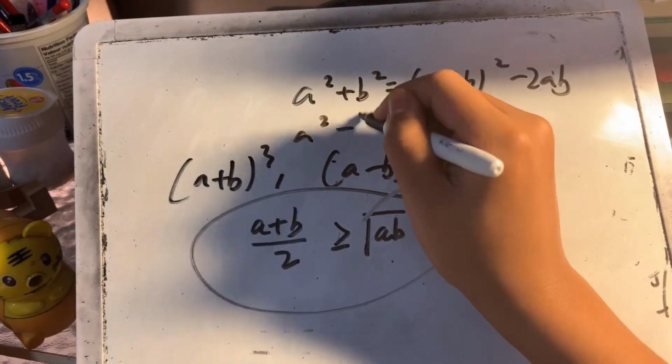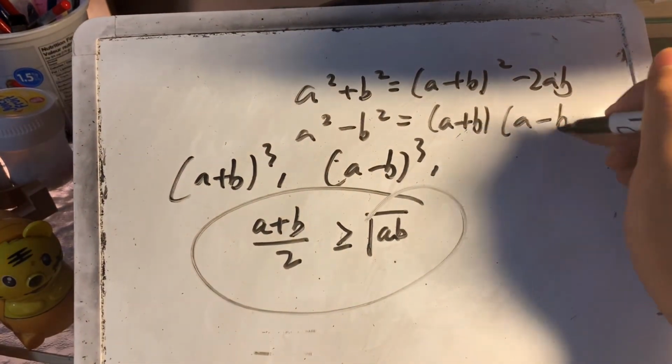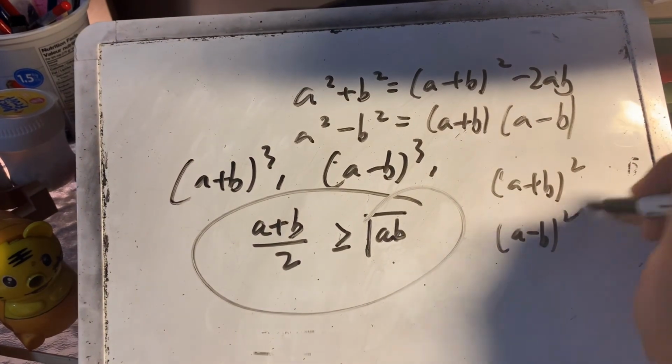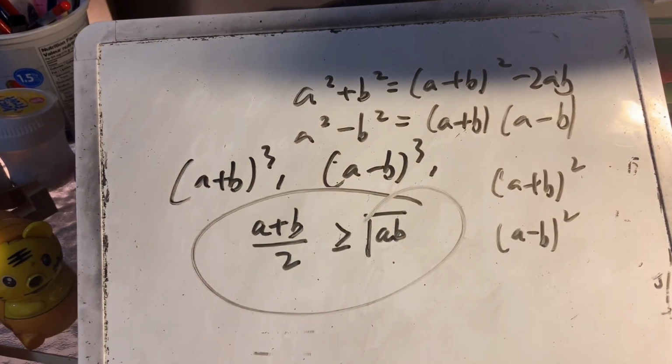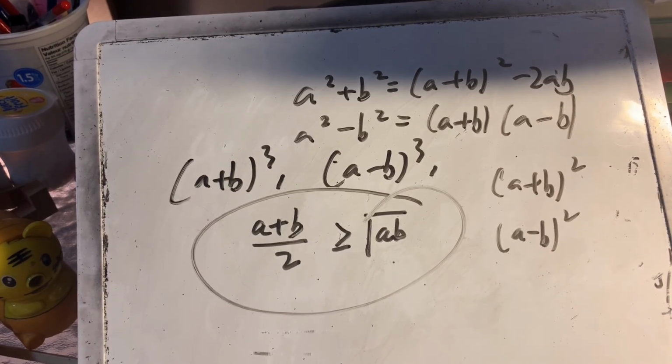And this is equal to this. And remember this and this. And finally, don't forget the binomial expansion. So, these are all the knowledge that you need.